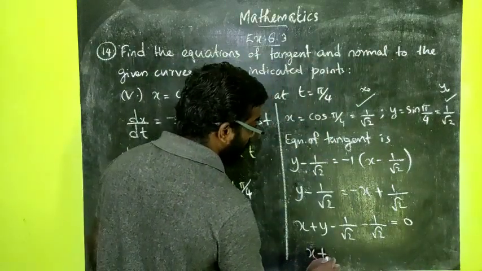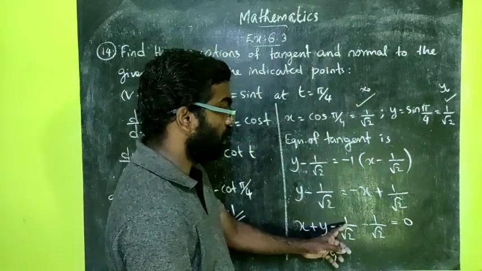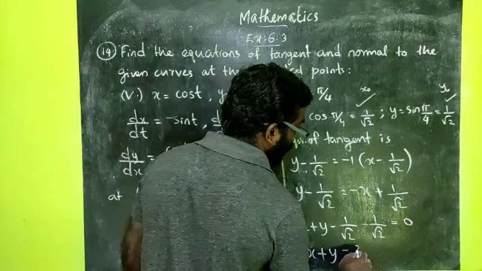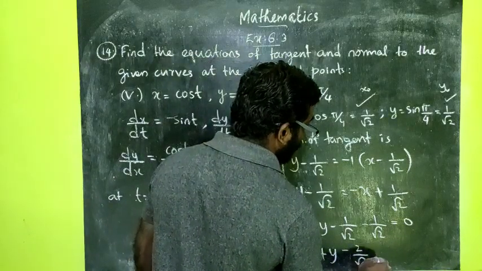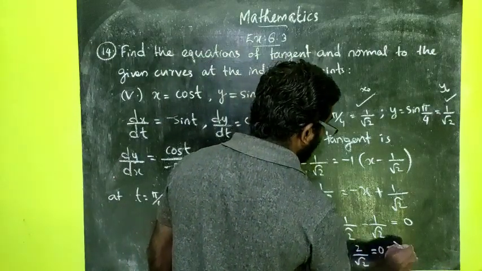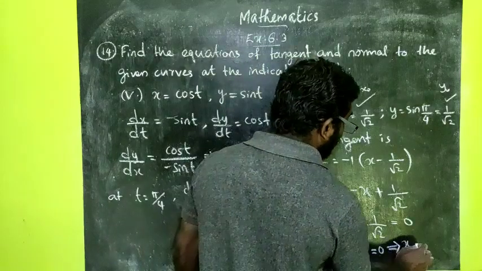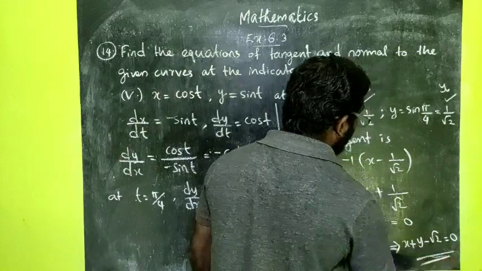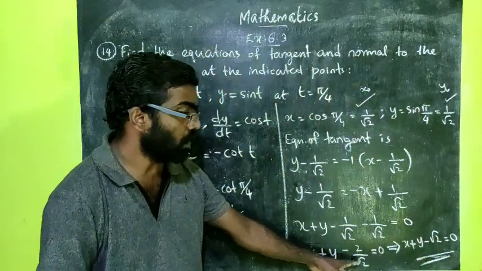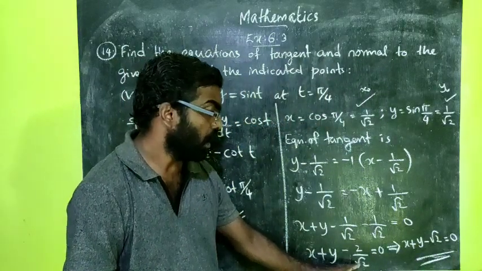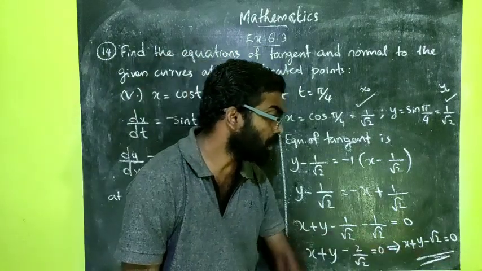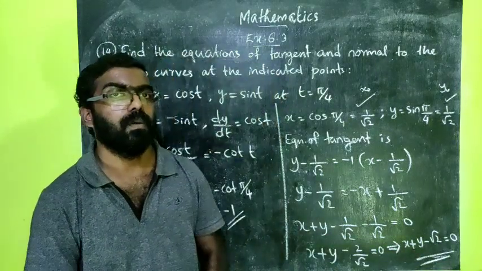That is x plus y minus 1 by root 2 minus 1 by root 2, that is minus 2 by root 2, which is equal to 0, and which implies x plus y minus root 2 is equal to 0. That's the final answer. 2 and root 2 we can cancel. We get root 2 in the numerator. So x plus y minus root 2 is equal to 0. Clear?